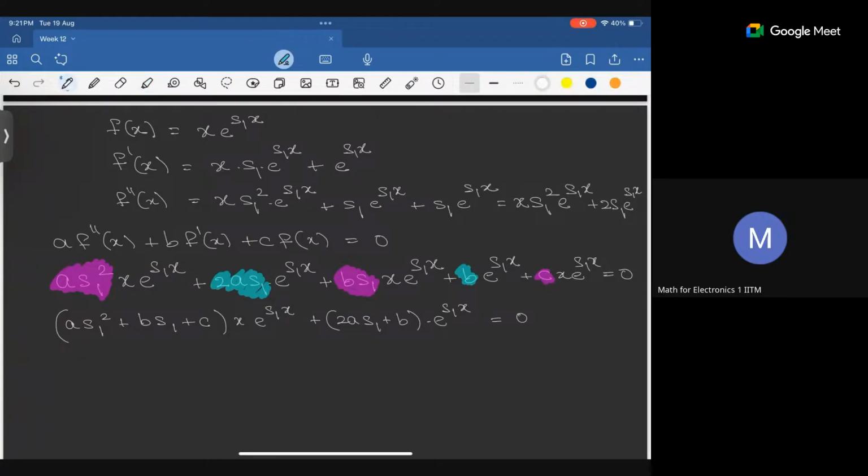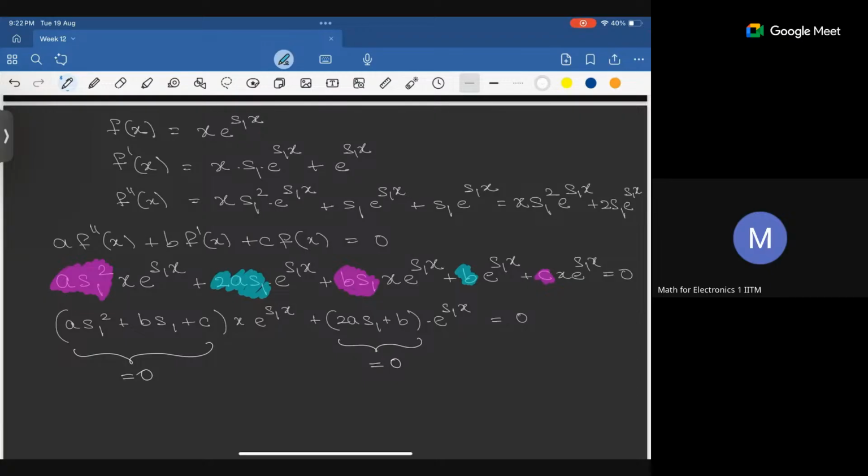So as mentioned above, when there is only one real root for the quadratic equation and that real root is s1, not only this will be 0, this will also be 0. Because the formed quadratic function will exactly touch the x-axis at the root, which is also the axis of symmetry.